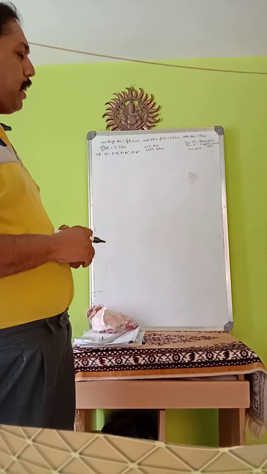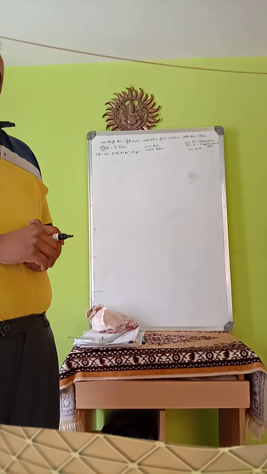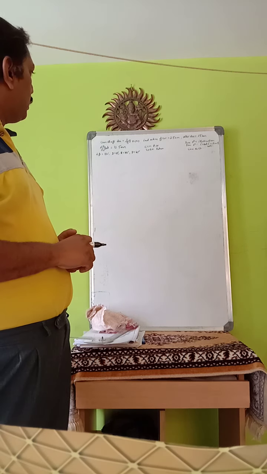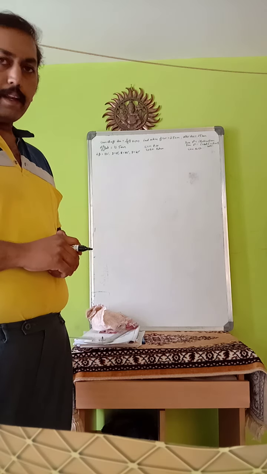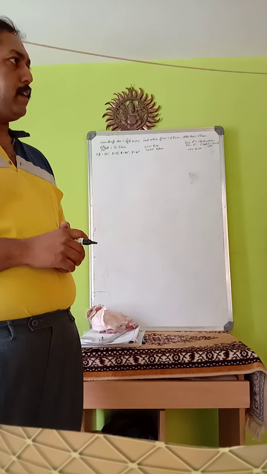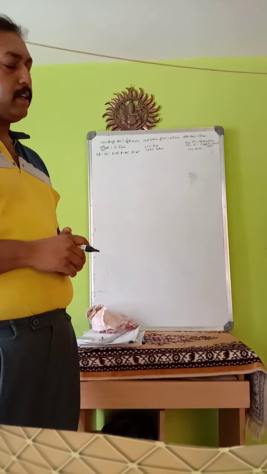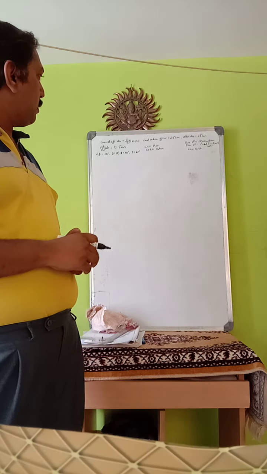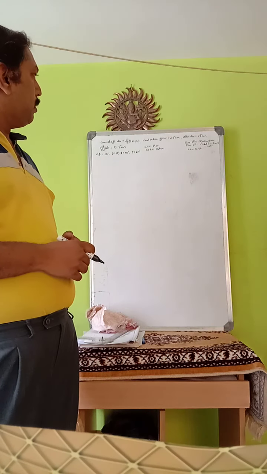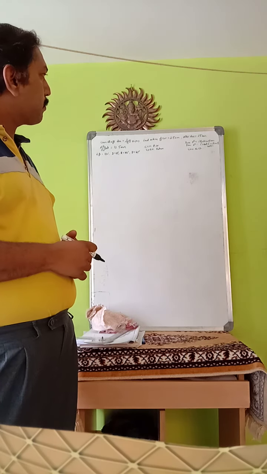Next we have the data for the lift and the return. The lift is about 120 degrees, followed by a dwell of 45 degrees, and again we have a return for 150 degrees, then again followed by a dwell of 45 degrees. So this is about the rise and return.